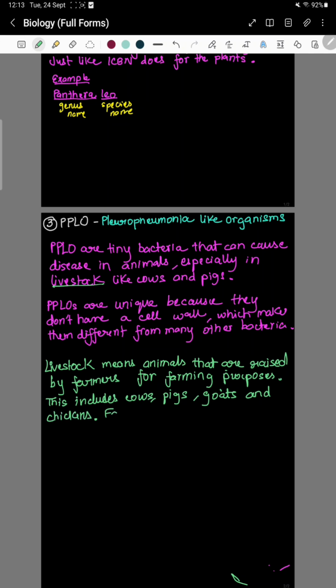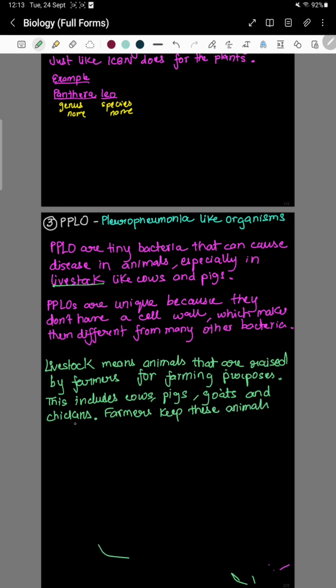So farmers keep these animals for milk, meat and eggs. Clear? So livestock is very important in farming and helps in food production and the economy. Okay, I'm writing this also.